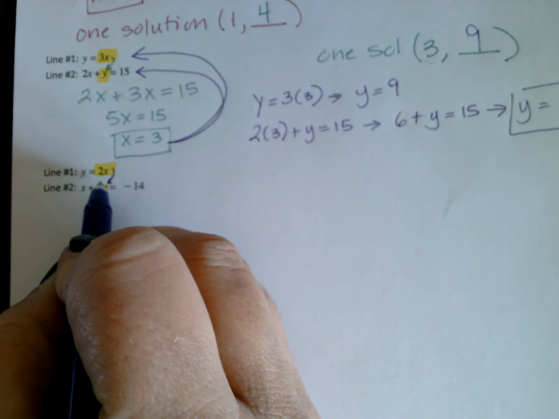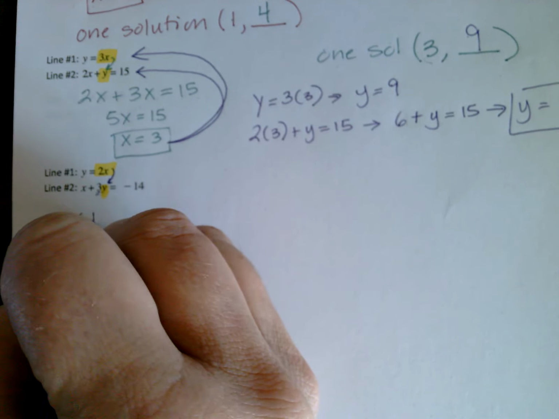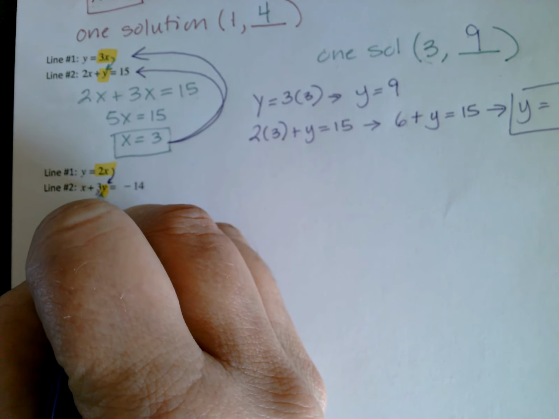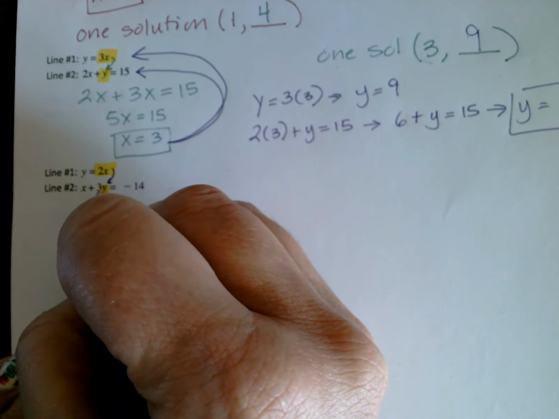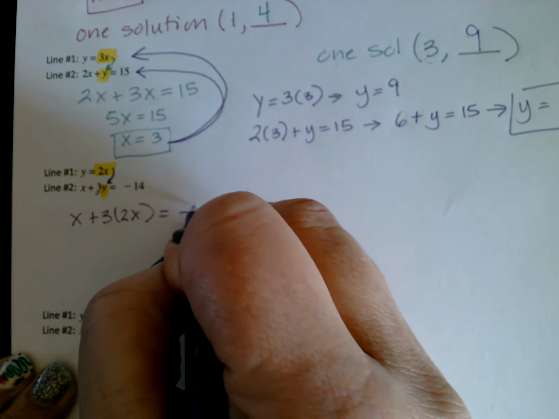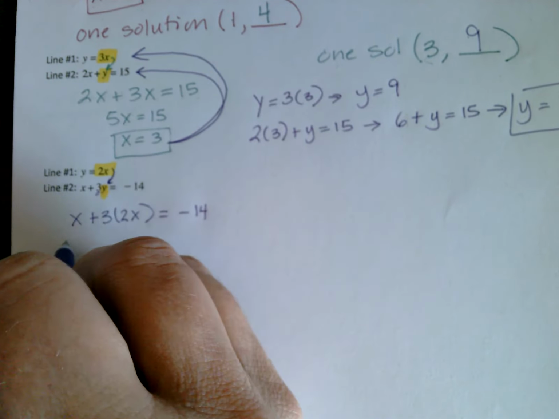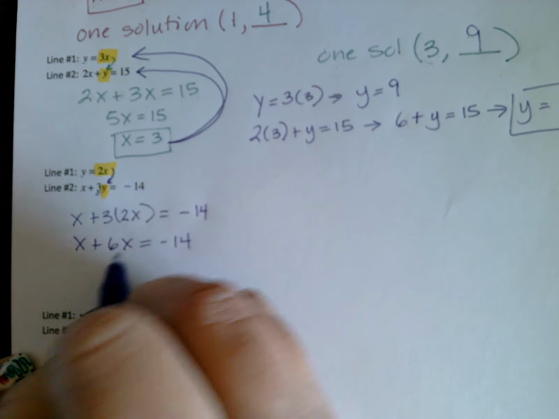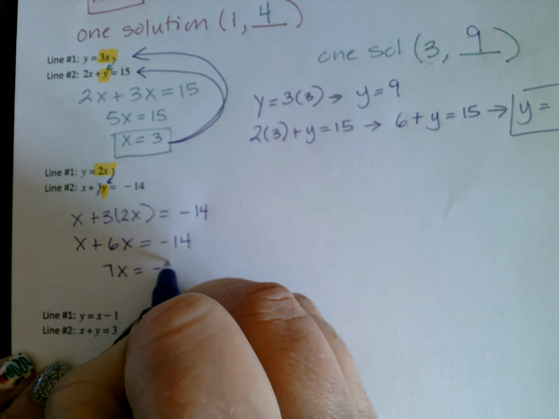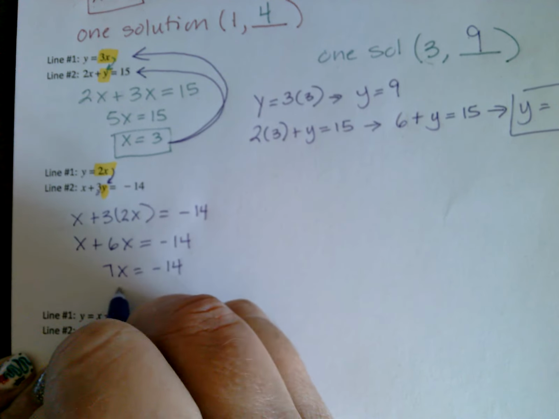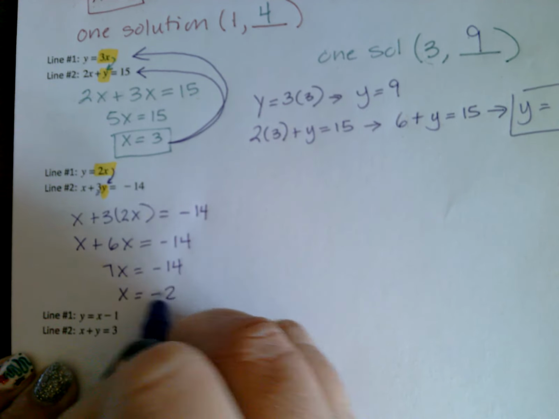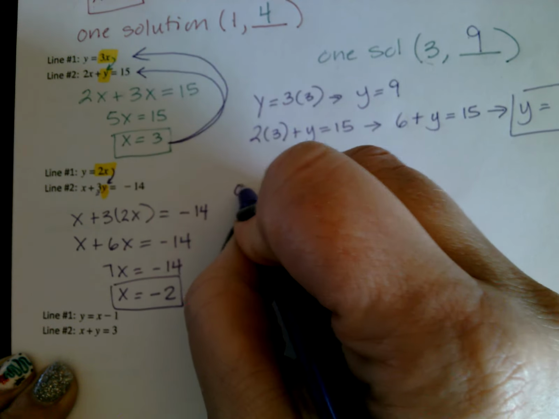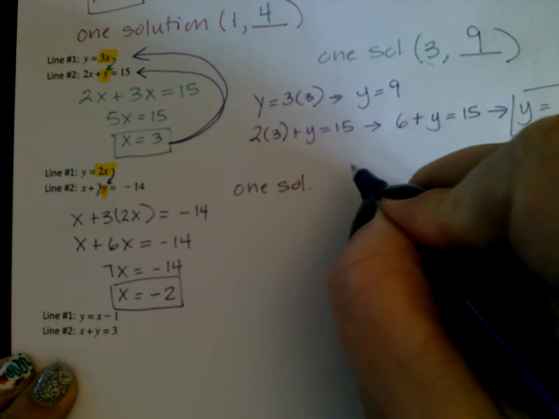So I'm going to substitute that in, but notice here I have 3y. So I would have x plus 3 times y. Well, we know y equals 2 x's. I distribute, so I have x plus 6x equals negative 14. 7 x's after I combine like terms. Solve, x equals negative 2.